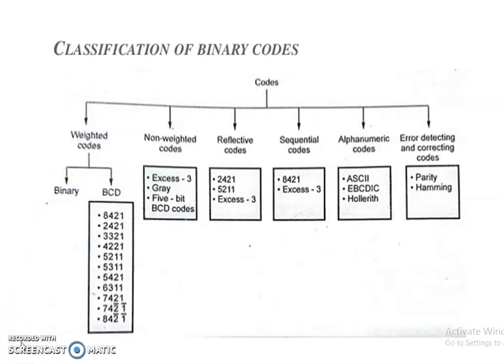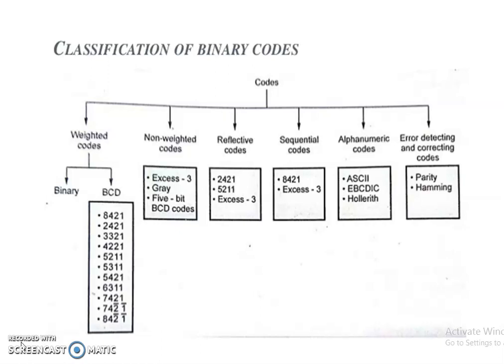Now first we discuss what is binary coded decimal. In this code, each decimal digit is represented by a 4-bit binary number. BCD is a way to express each of the decimal digits with a binary code, and with 4 bits we can represent 16 numbers.